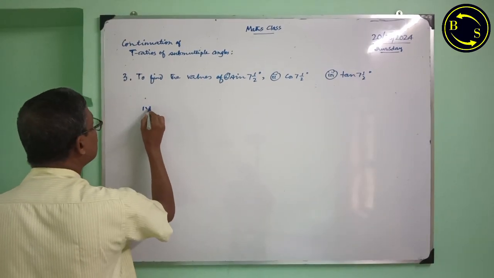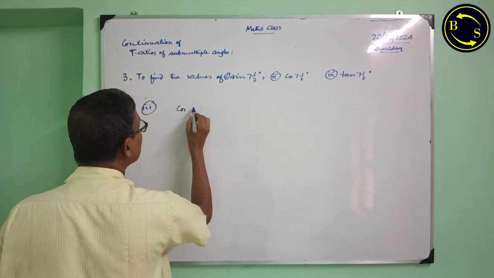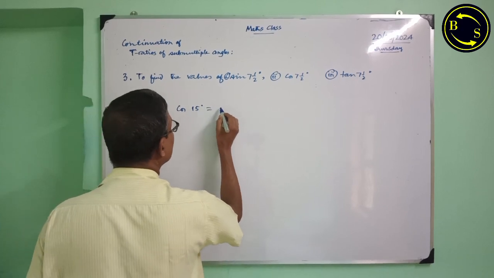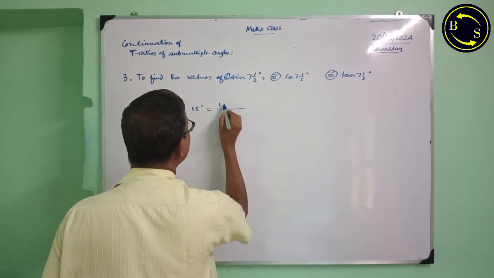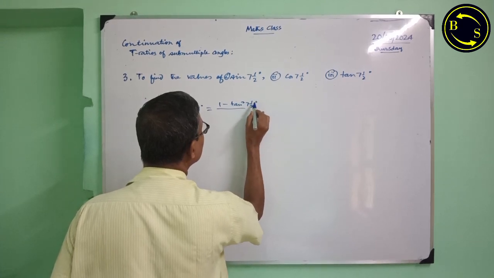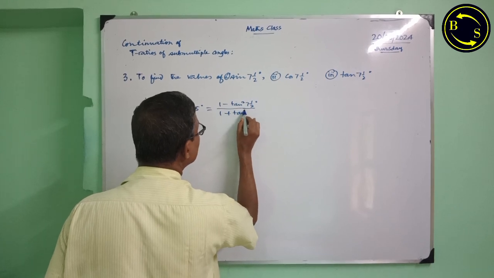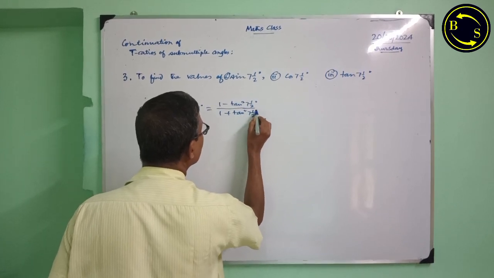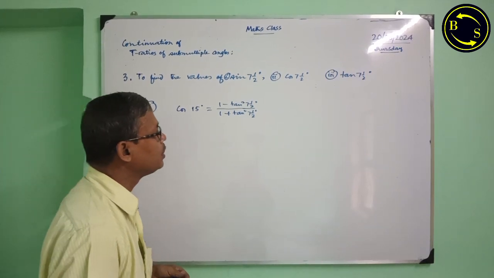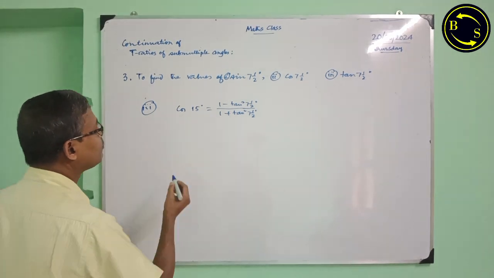Number 3, cos 15 degree equals 1 minus tan square 7.5 degree by 1 plus tan square 7.5 degree, using the value of cos 2 theta, which is equal to 1 minus tan square theta by 1 plus tan square theta.